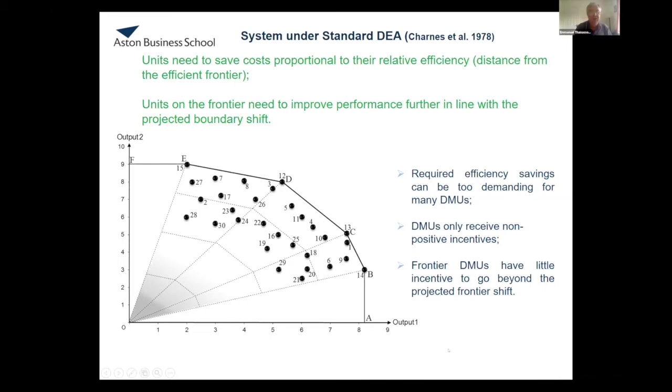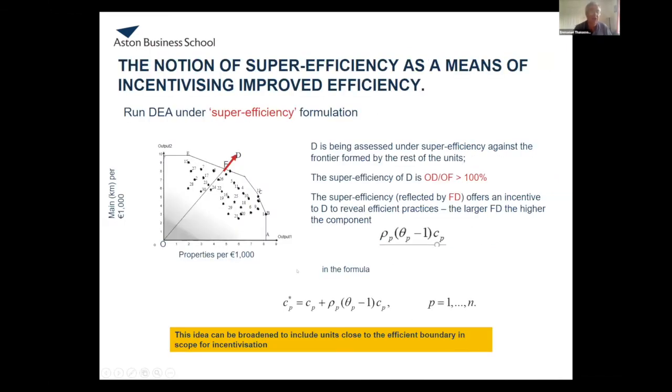reveal efficient practices. However, what the paper that I suggested, the formula that I repeat down here again, would do is this. Suppose you were to actually assess companies in the form of super efficiency.